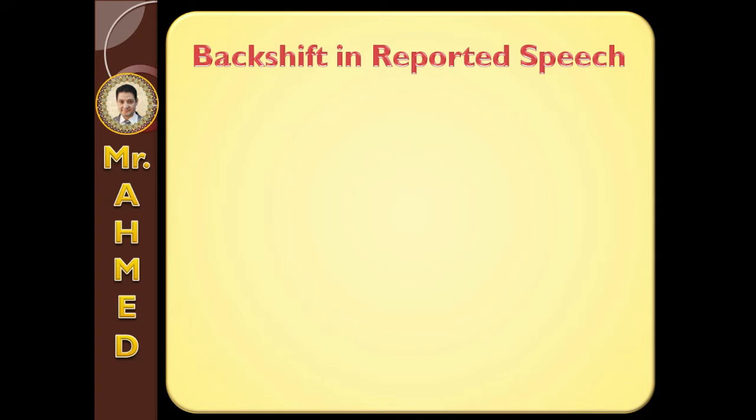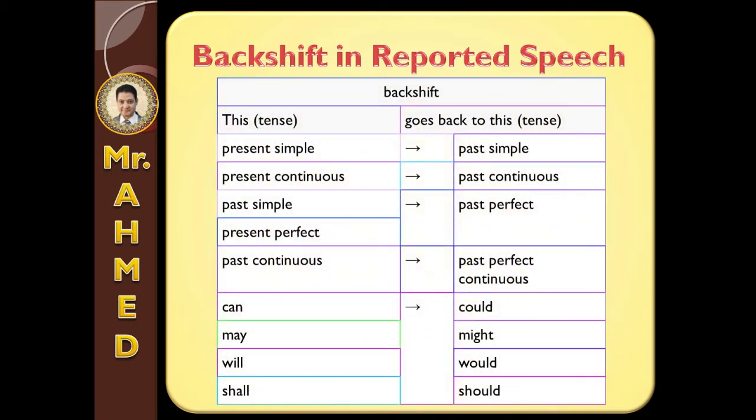So we need some changes to change the sentence from direct into reported speech. The first is back shift in reported speech. It means that we will back shift the tense into the past. Present simple will go back to past simple.